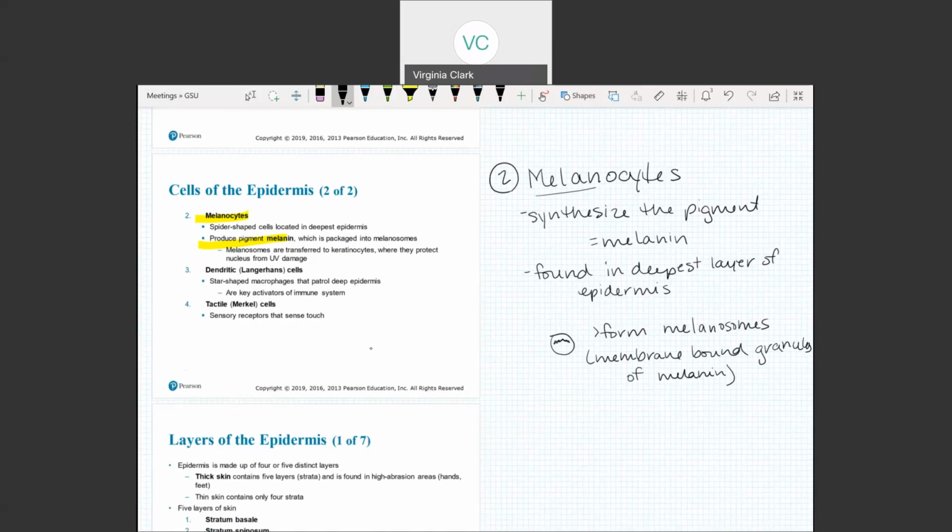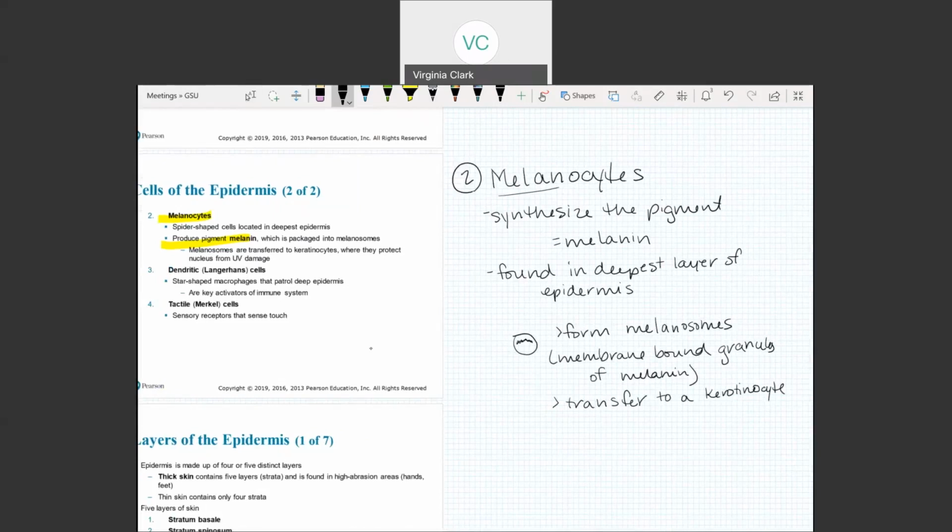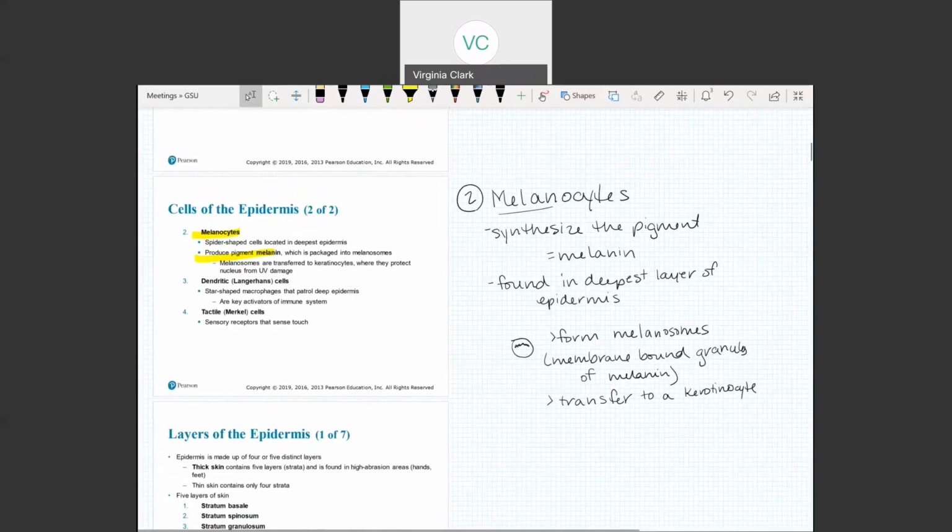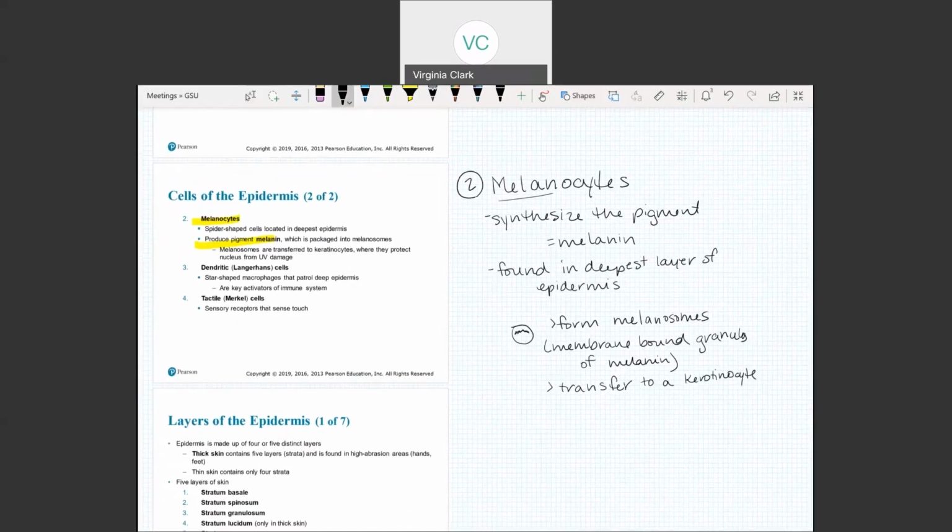And what it will do is transfer this melanosome to a keratinocyte. So now we're going to incorporate the other type of cell. It transfers this little membrane-bound granule of melanin to another keratinocyte, a nearby cell.